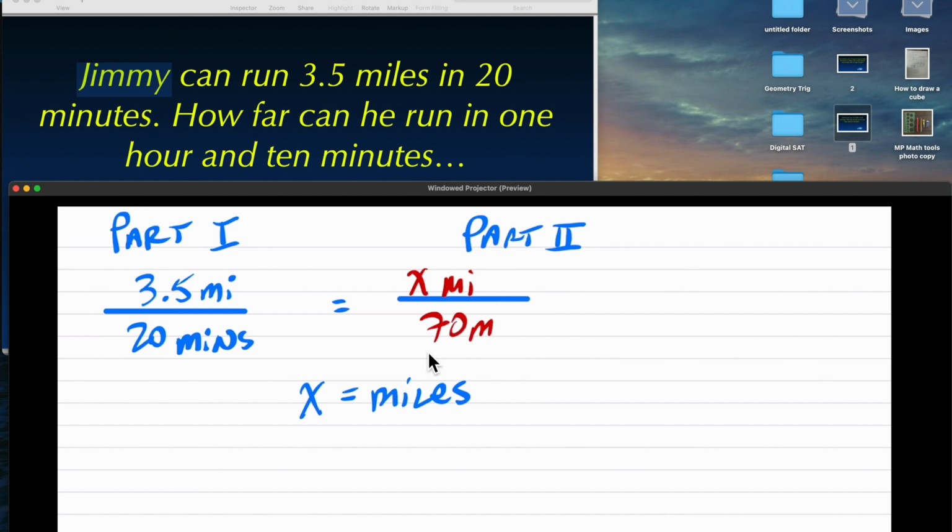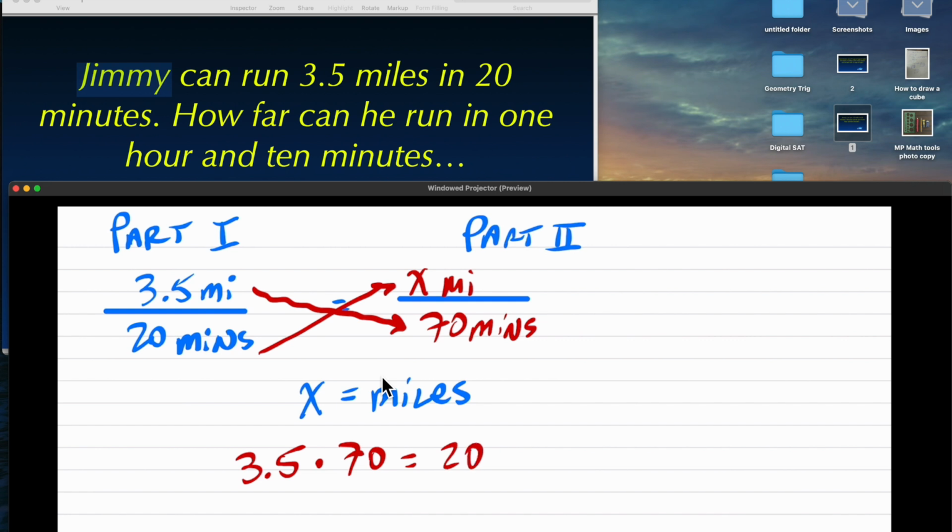Once you have your ratio set up like this and the units match, you are in the driver's seat. We are simply going to cross multiply. We're going to do 3.5 times 70 equals 20 times x.